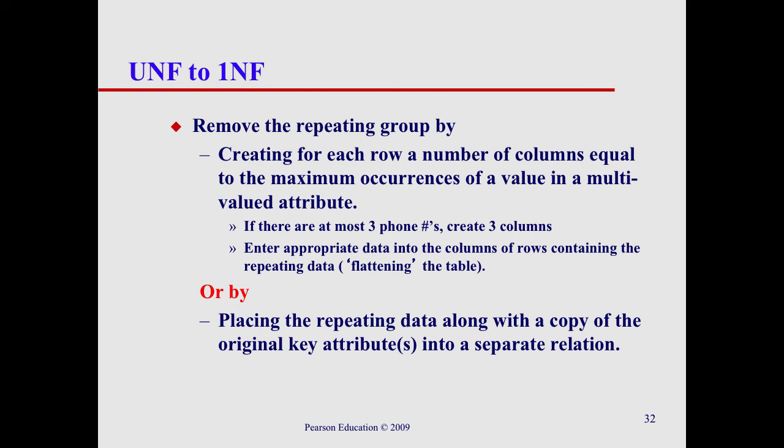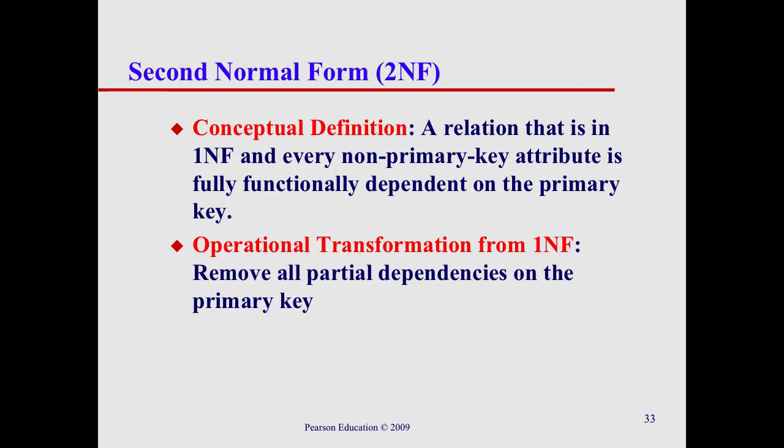Now you could have 3 tuples: B005 with one phone number, B005 with the second phone number, and so on. Once you've moved the multi-valued attributes out to their own relations, you have first normal form.